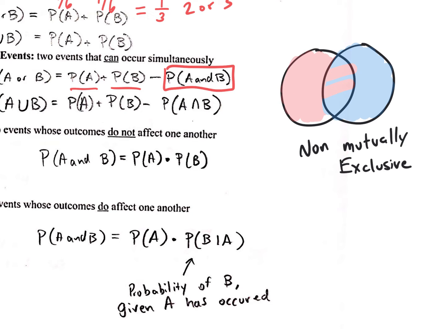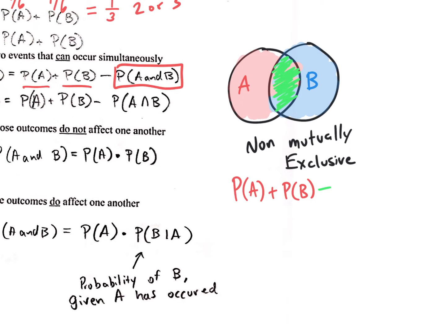If I wanted to find the probability of these non-mutually exclusive events, I would take the probability of A plus the probability of B. But in that process, I've double counted this section in the middle, now in green. So I subtract that middle section, the probability of A and B happening simultaneously. When I have non-mutually exclusive events, I need to account for the fact that by adding, I may have double counted certain elements.